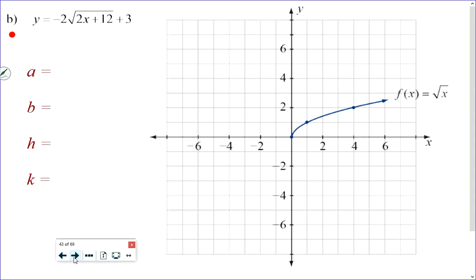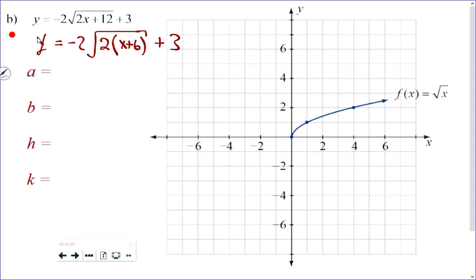Not at every opportunity, but at many opportunities, I'm going to hit you with that thing again where you have to factor b out to find h so you don't get caught on an exam. This written in standard template form would be y equals -2 times the square root of 2 multiplied by, in brackets, x plus 6 and then plus 3. So I have to factor that 2 out.